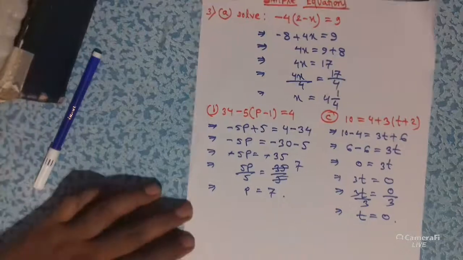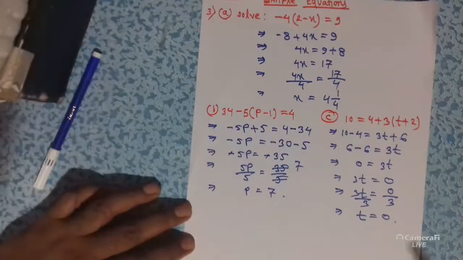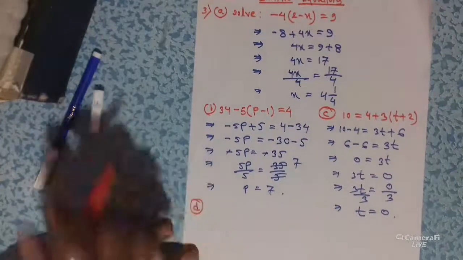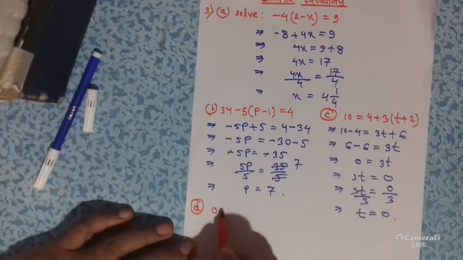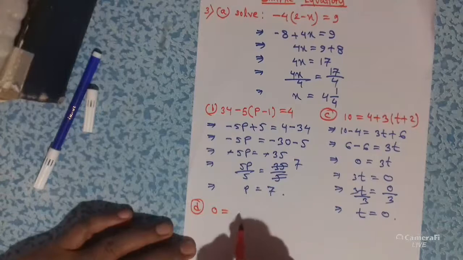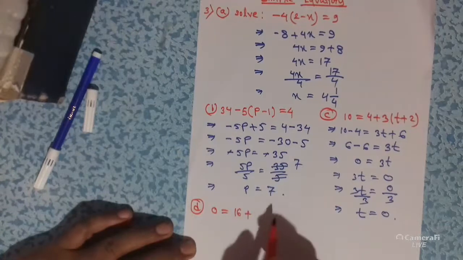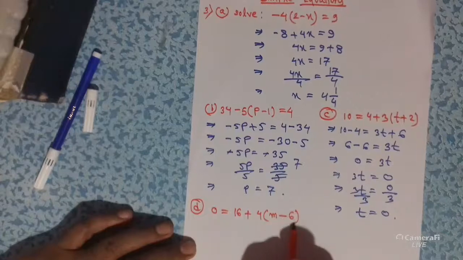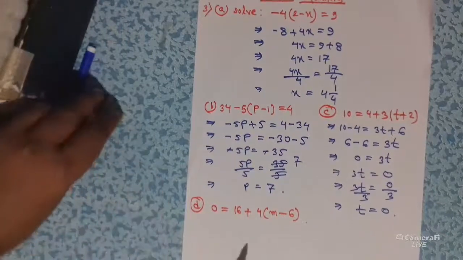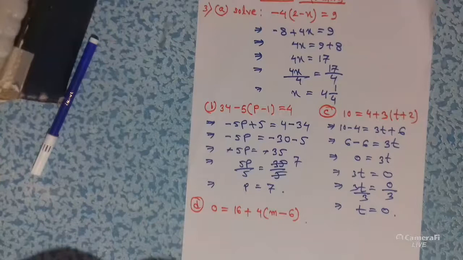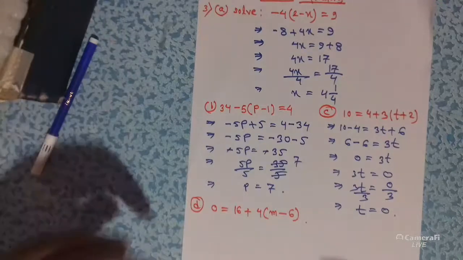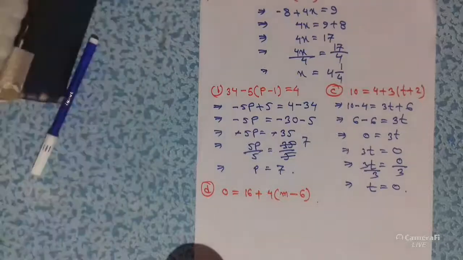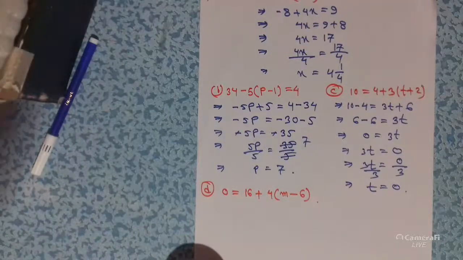Now solve the next one. 0 is equals to 16 plus 4 multiply m minus 6. Now find the value of m. Now solve it, students, and send me the answer. So you have to find the value of m.